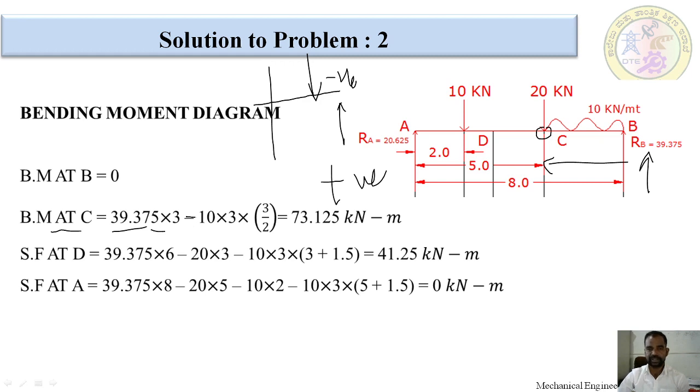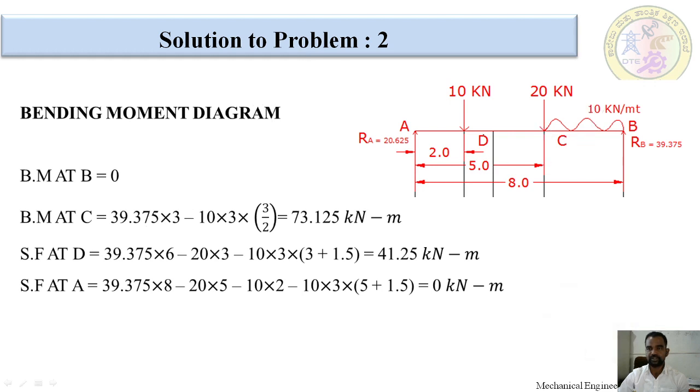This would be a downward force, for that reason we are taking negative. This is 10 into 3 because we are converting this into a point load, and half of here to here, 3 divided by 2 is equal to 1.5. After calculating this, we will get 73.125 kilonewton meter. This completes the calculation at point C.